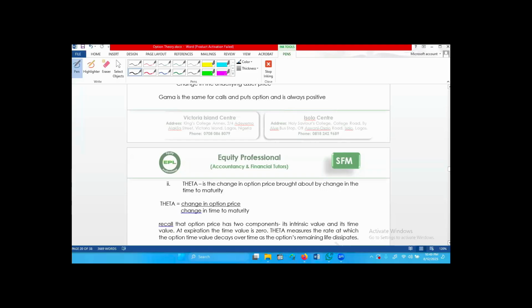The option value can be divided into two components: the intrinsic value of the option and the time value.